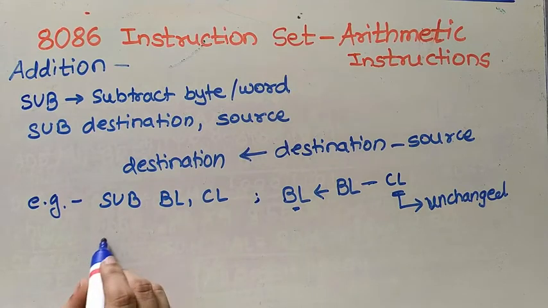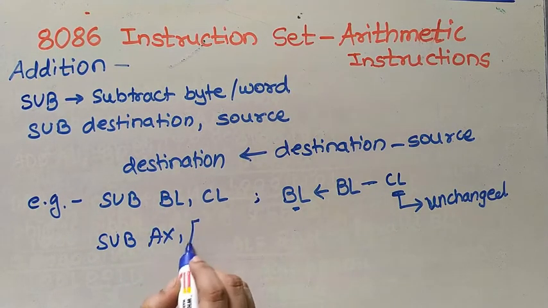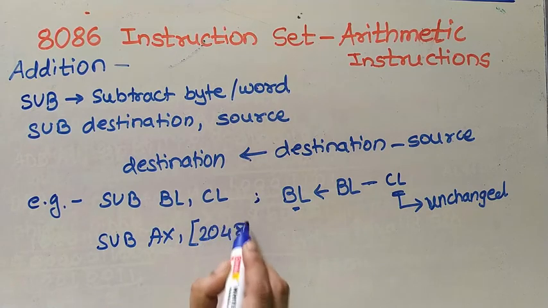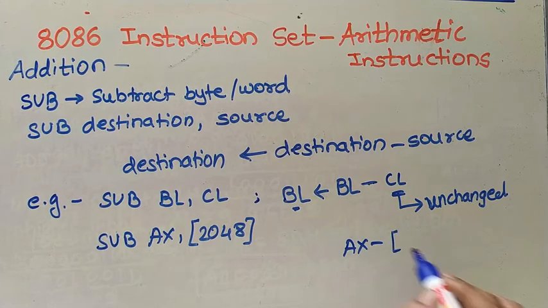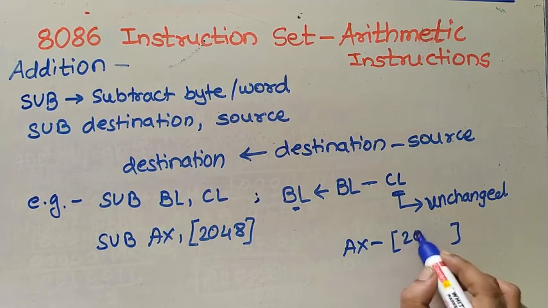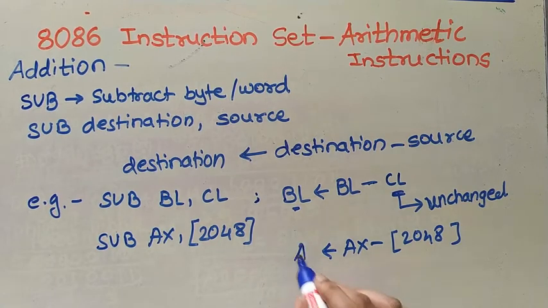One more example, SUB AX, 2048. Here this is the offset for the memory location, so from that offset the data is taken, and 2048 is subtracted from AX and the result is stored back in the AX register.